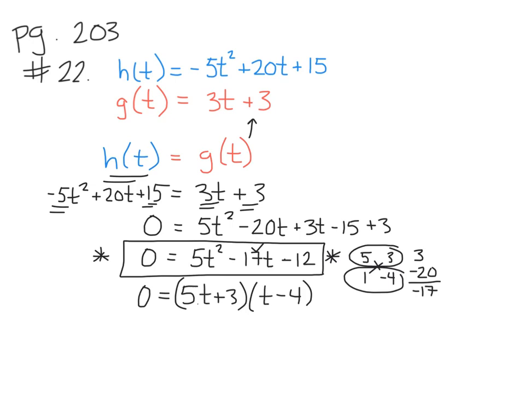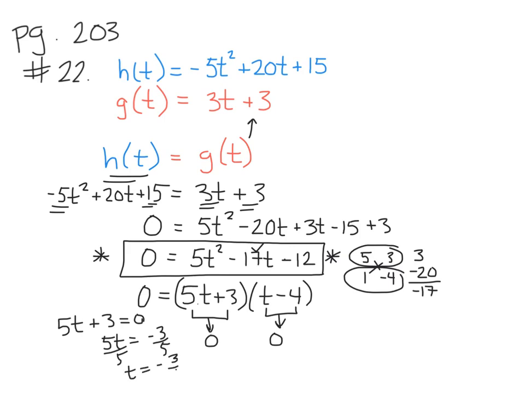Now remember, if you chose to factor, now you have to look at the zero product property. You have two brackets multiplied by each other equals 0. Either the first bracket is 0, or the second bracket is 0. If the first bracket, 5t plus 3, is equal to 0, that means that 5t is equal to negative 3. Divide both sides by 5, and I'm going to get that t is equal to negative 3/5.